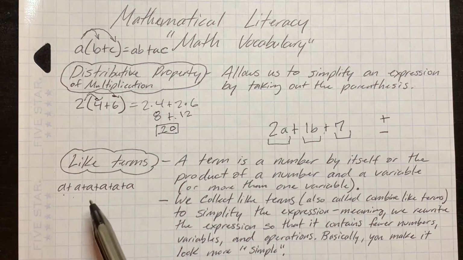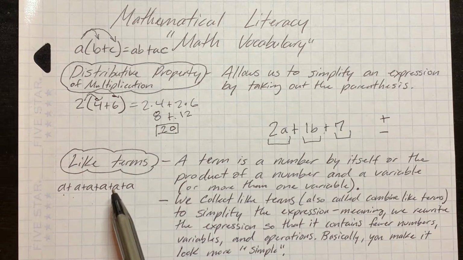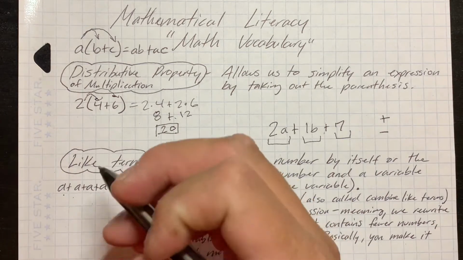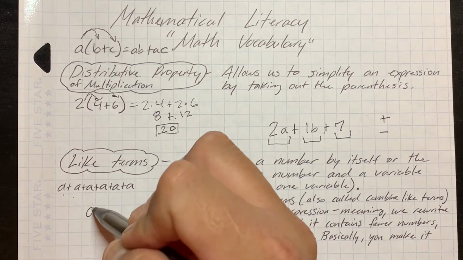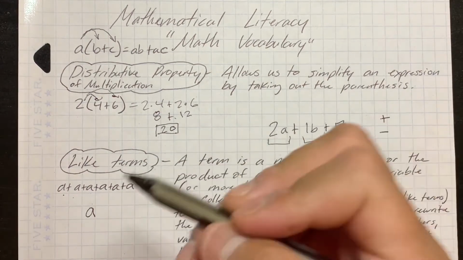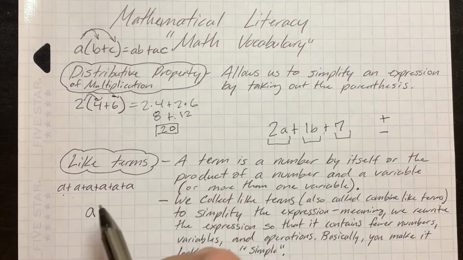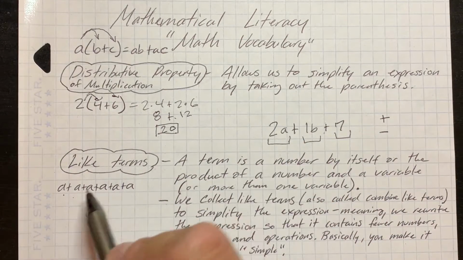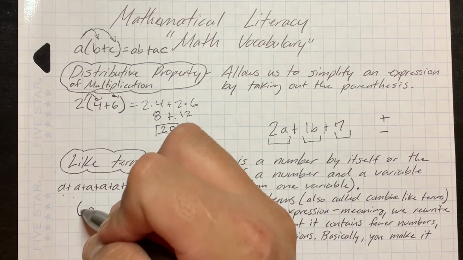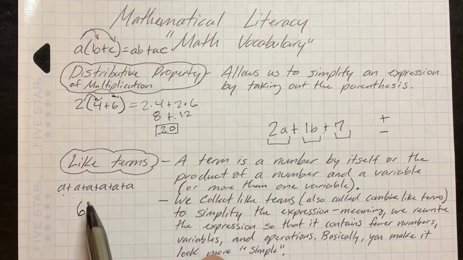We express this with A plus A plus A plus A plus A plus A. But it'll look so much simpler if we use A as a base number, or you could do that. Actually, that only works with multiplication, but we're adding here. So there's 6 apples. So 6 here would be your coefficient, and A would be your variable.